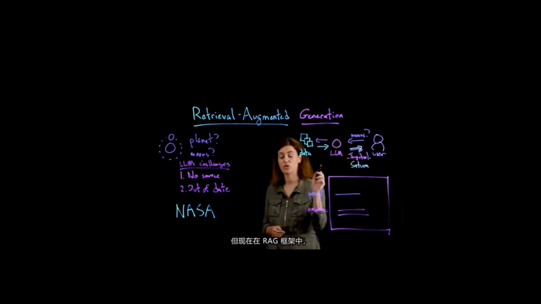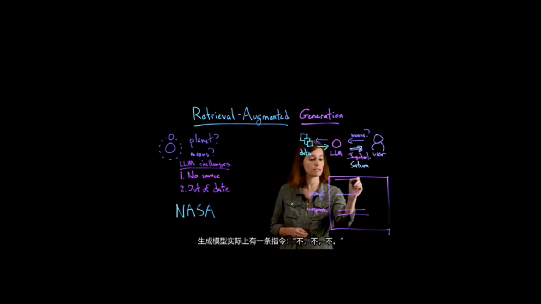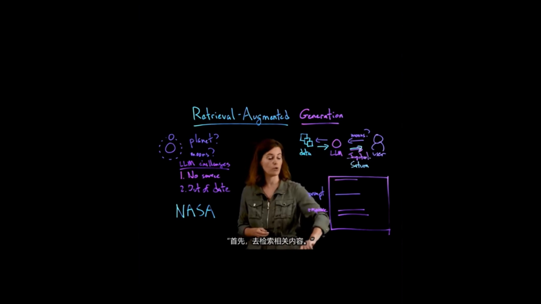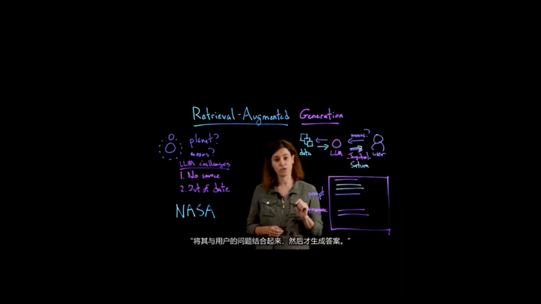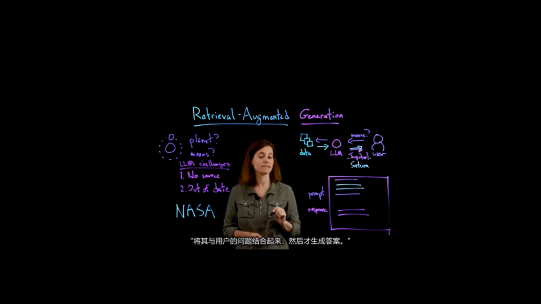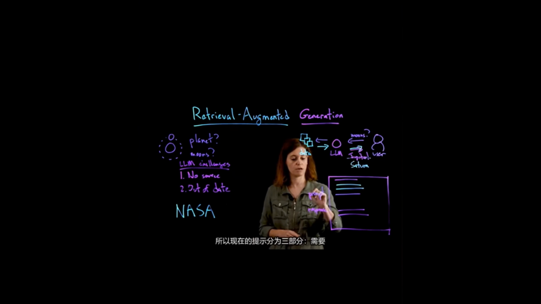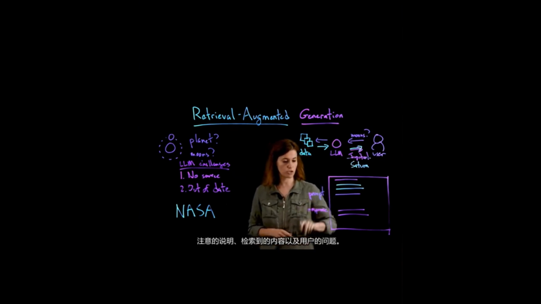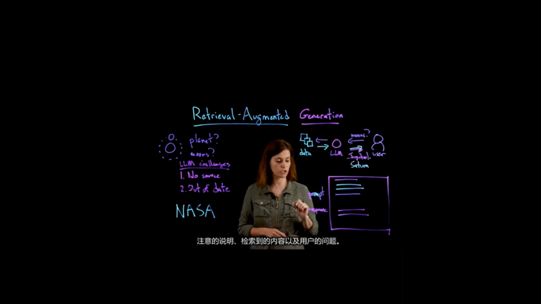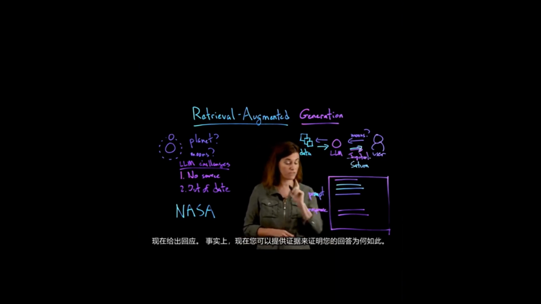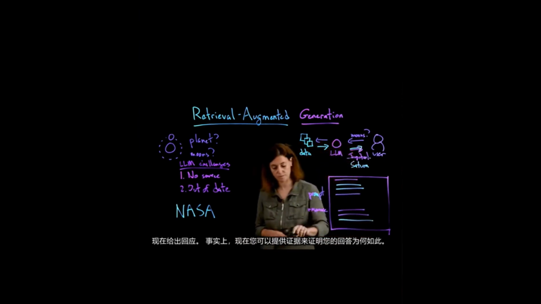But now, in the RAG framework, the generative model actually has an instruction that says, no. First, go and retrieve relevant content. Combine that with the user's question, and only then generate the answer. So the prompt now has three parts. The instruction to pay attention to the retrieved content, together with the user's question, now give a response, and in fact, now you can give evidence for why your response was what it was.